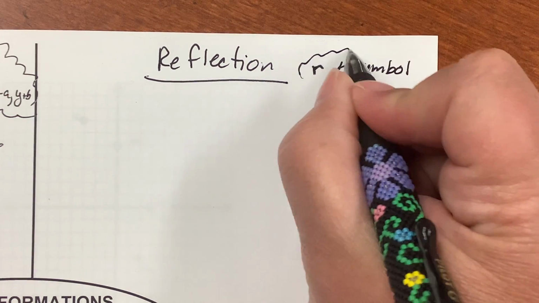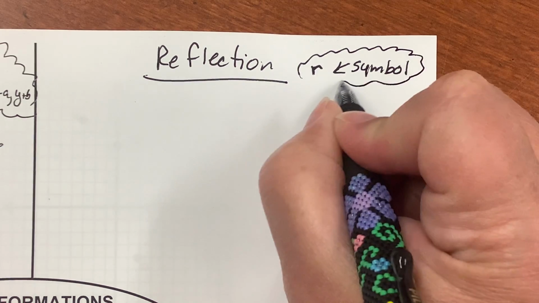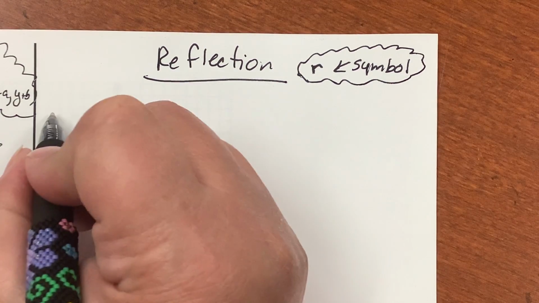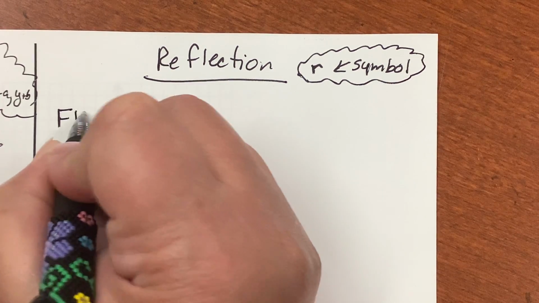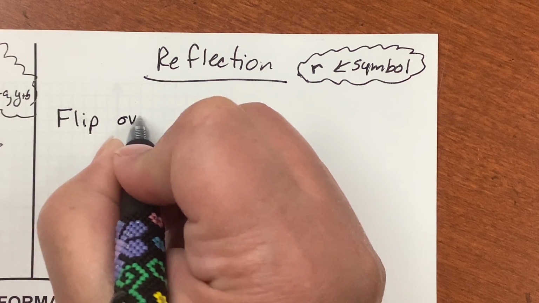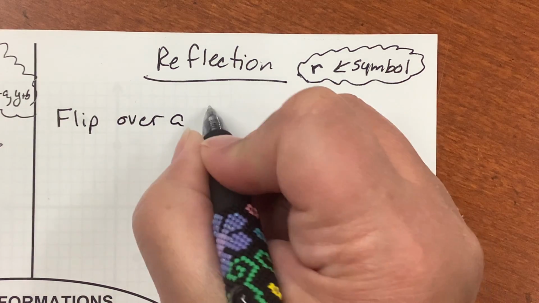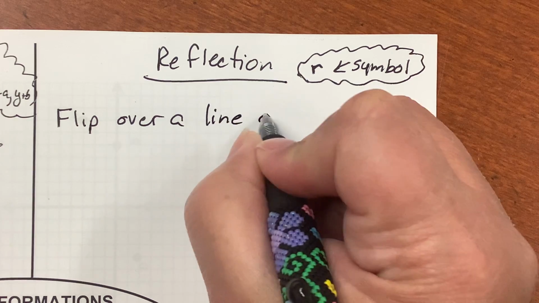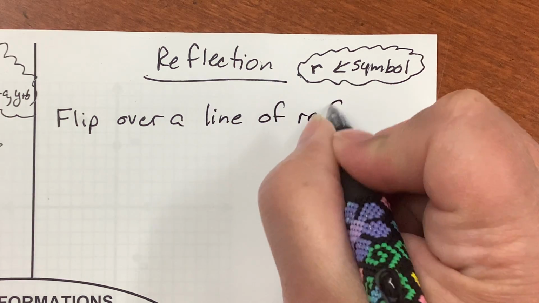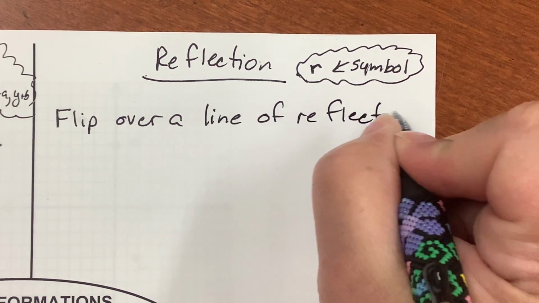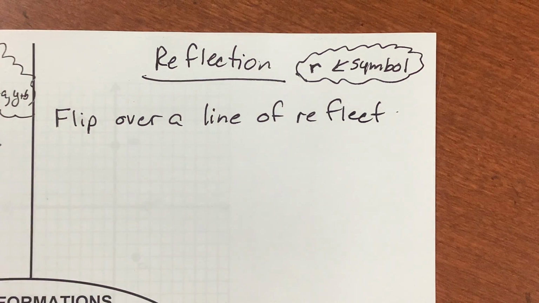We'll put a big flippity cloud around that one too. Just a little baby R. And that is a flip over a line of reflection or a point.